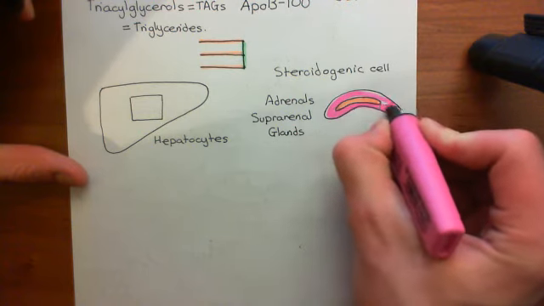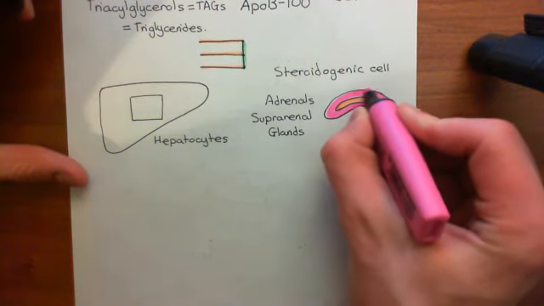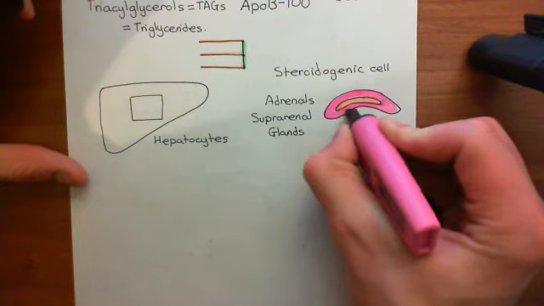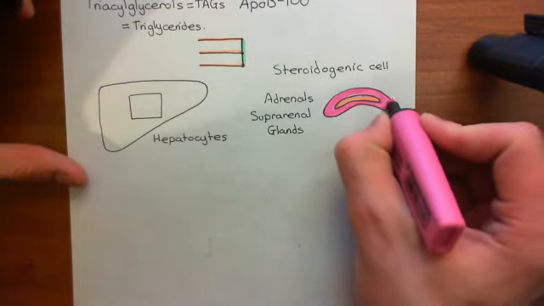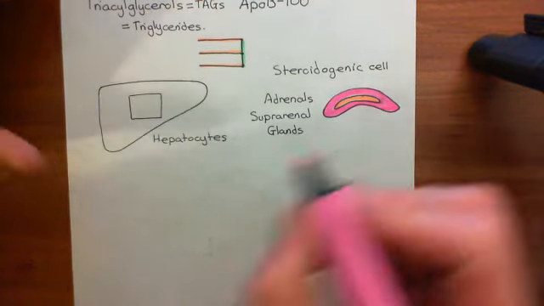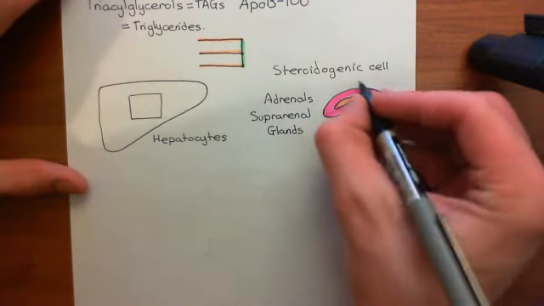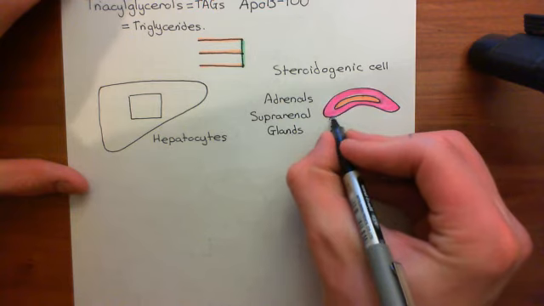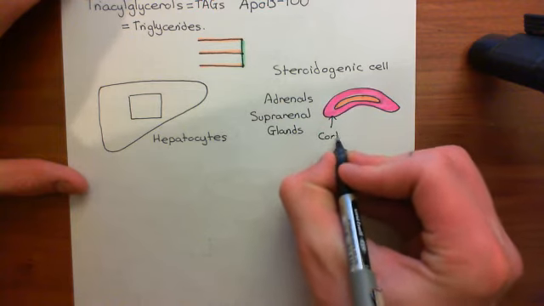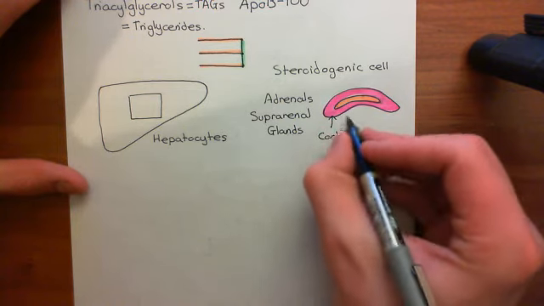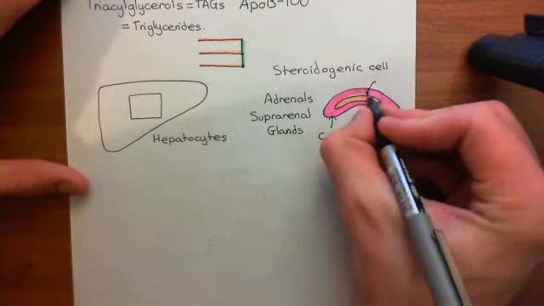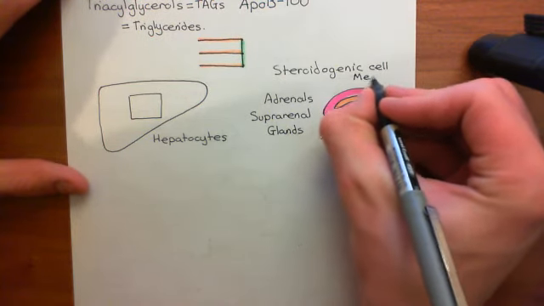Now the adrenal medulla is involved in the synthesis of adrenaline, which is then secreted into the blood in times of stress. Whereas the adrenal cortex is involved in the synthesis of all sorts of steroid hormones. So this is the part we're interested in, the adrenal cortex, rather than the adrenal medulla.